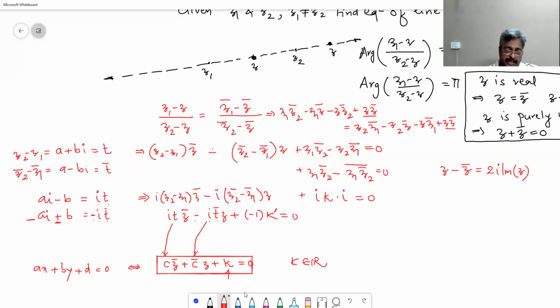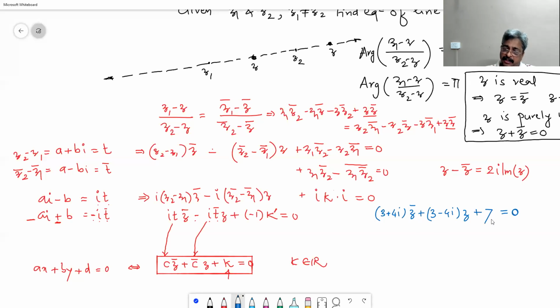Let us take a numerical example and understand what we have done. Suppose I say 3 plus 4i, that is a complex number, times z bar plus 3 minus 4i times z plus 7 is equal to 0.